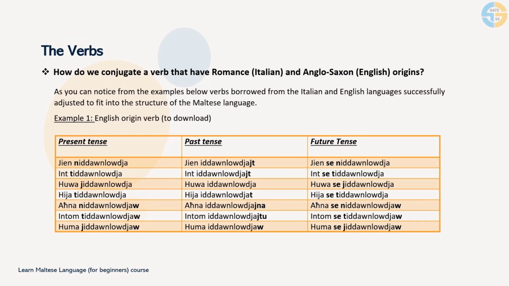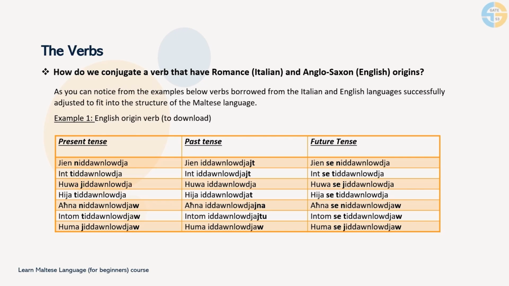So how do we conjugate a verb that has an Italian or an English origin? As you can notice from the examples below, verbs borrowed from the Italian and English languages were successfully adjusted to fit into the structure of the Maltese language.